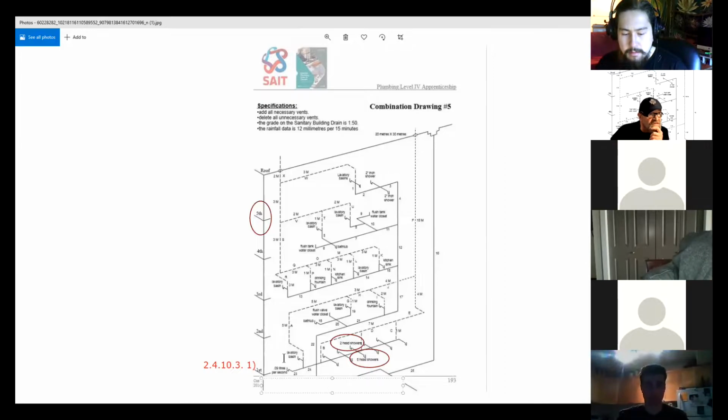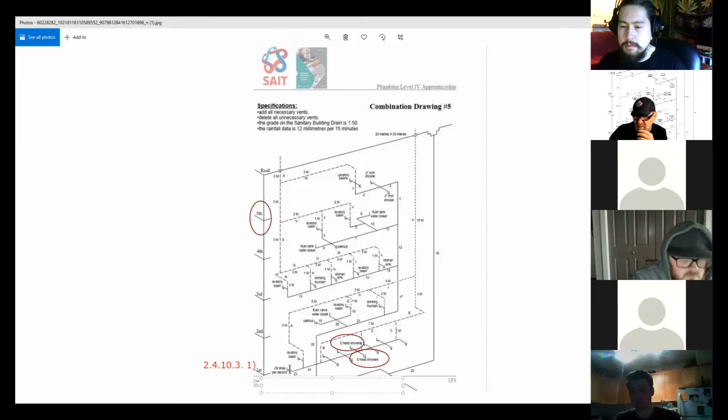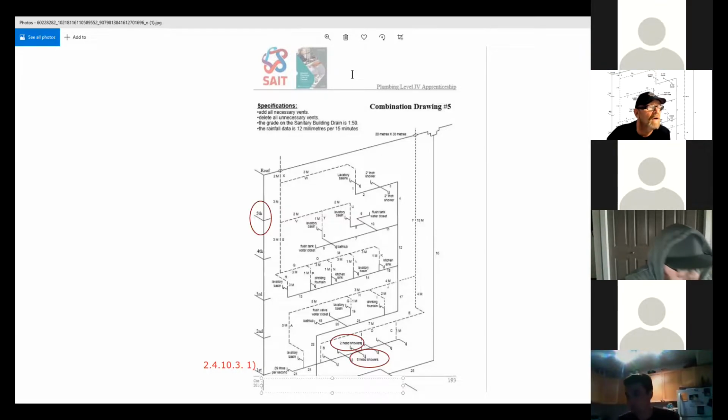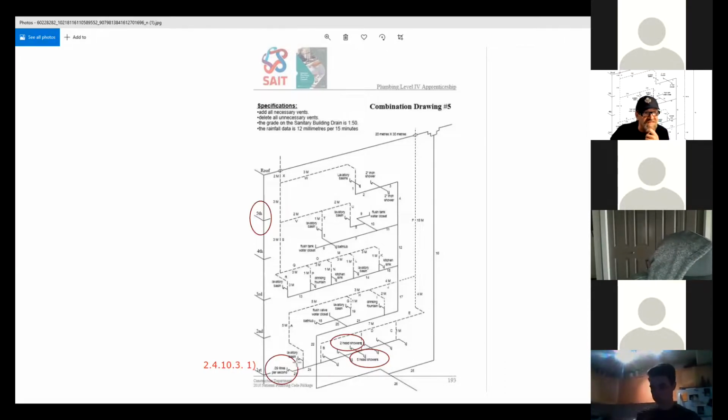So you take the 0.09 here and multiply it times 31.7 to find your fixture unit load dumping through that trap. So what is 31.7 times 0.09? 2.8. Yeah, so it's 2.8. So this would be 3 fixture units, and this is 1 fixture unit. So that's only 4 fixture units. That's under 8 fixture units. That's where your vent stack starts.